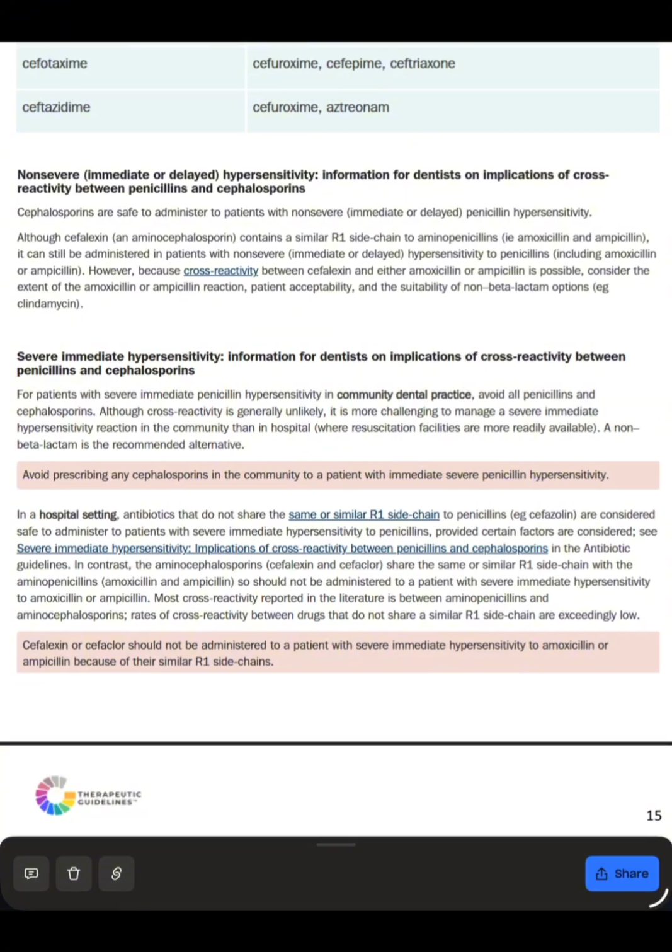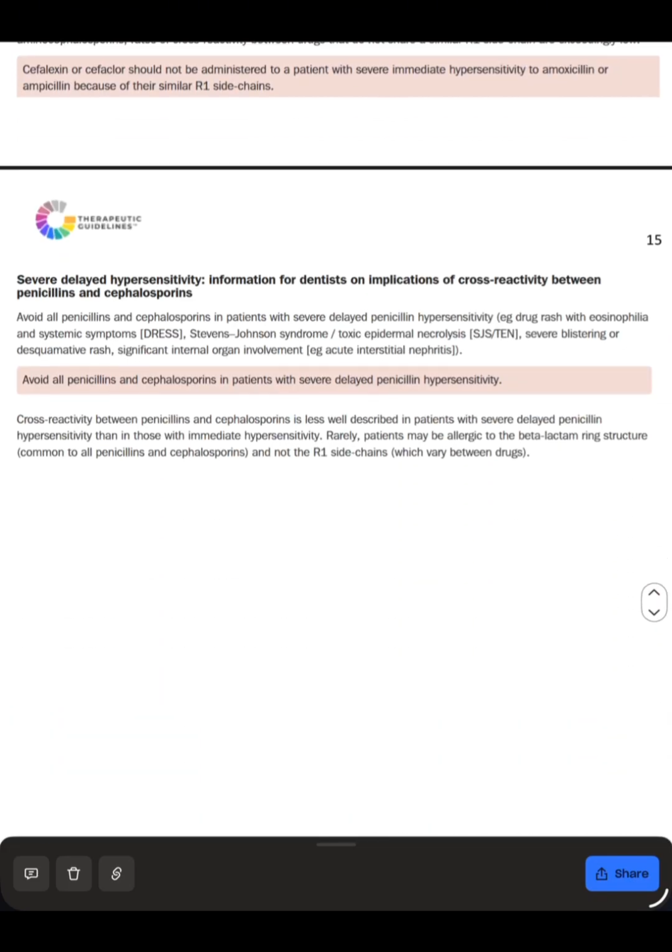So cephalexin or cefaclor should not be administered to a patient with severe immediate hypersensitivity to amoxicillin or ampicillin because of their similar R1 side chains. At the end, they have said that if the patient has severe immediate hypersensitivity to amoxicillin or ampicillin, we should not give them cephalosporin also because they share similar R1 side chains.